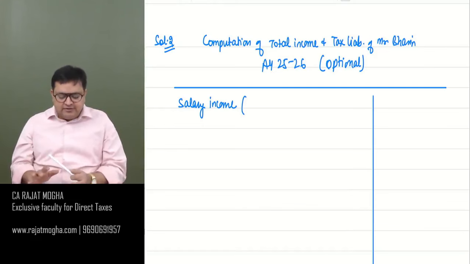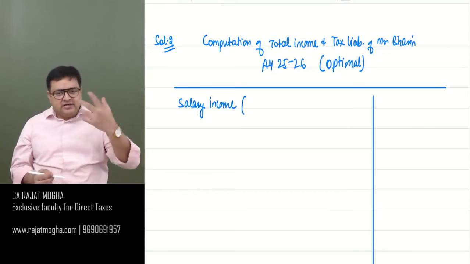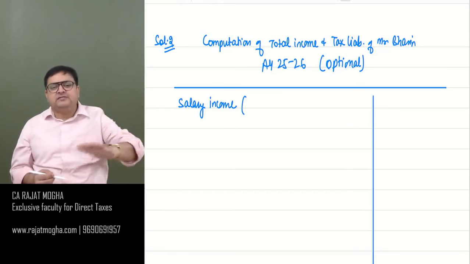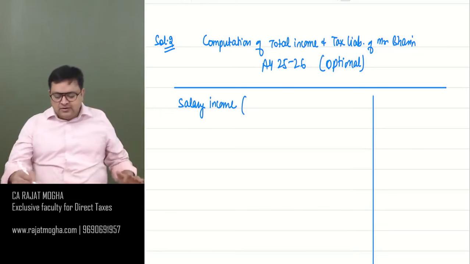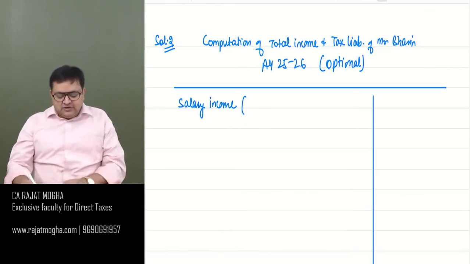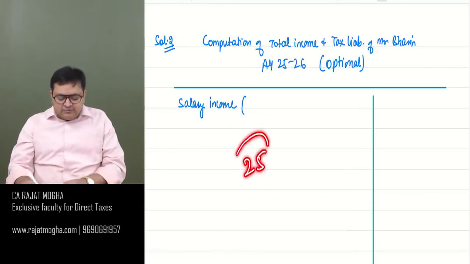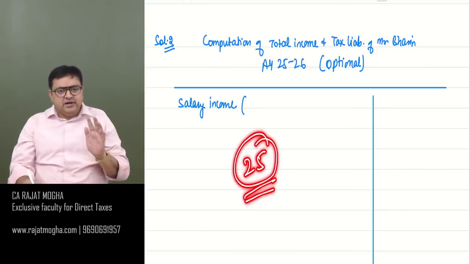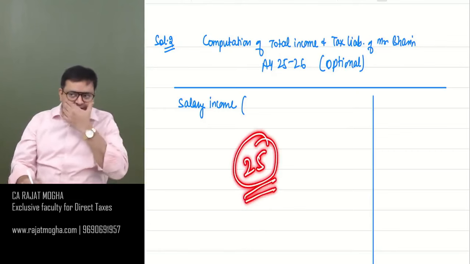I'm telling you, after we have done some 5 or 6 questions on total income, next time you pick up any total income question, you will end up doing it in less than 25 minutes. If you are doing your homework regularly, after 4 days, you will be able to complete your total income questions in maximum 25 minutes.